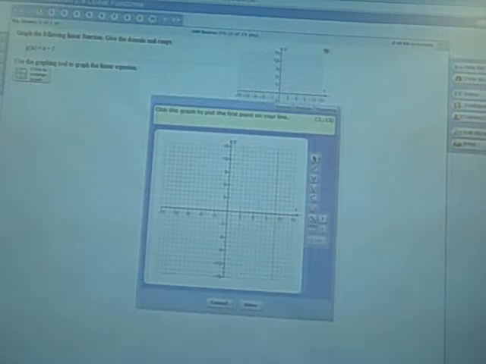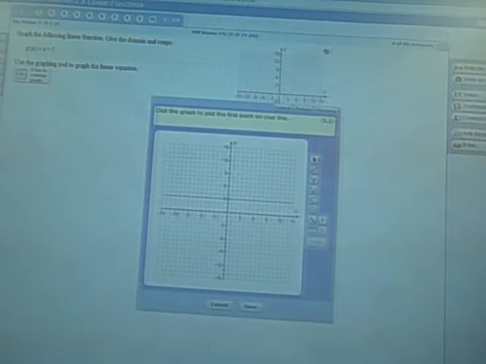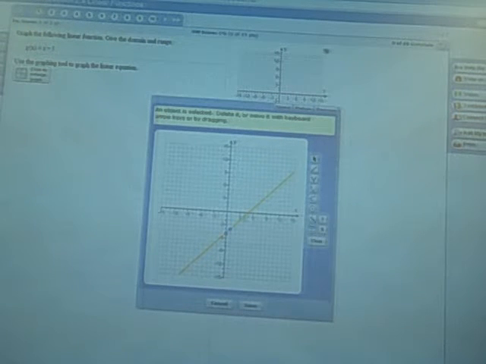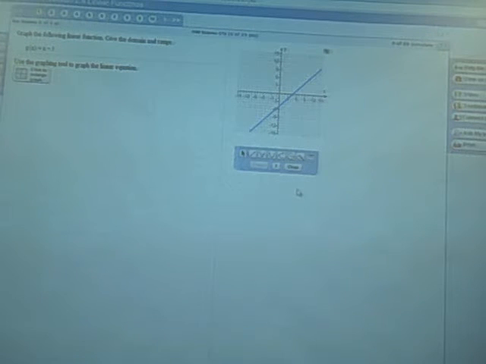And then your first point is at -5. And basically we're going to go up 1 and across 1. And there you go, you plot your second point. And then save it. Okay? All right, questions with that?